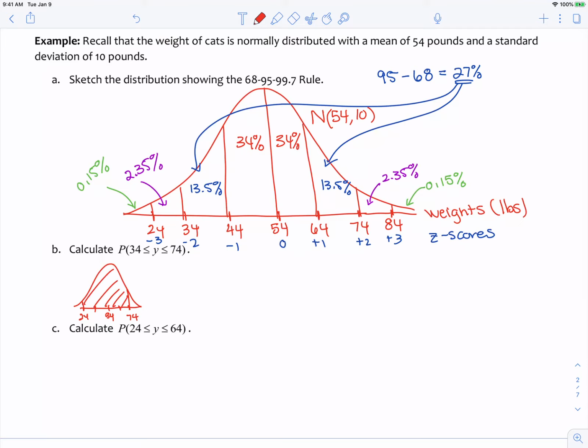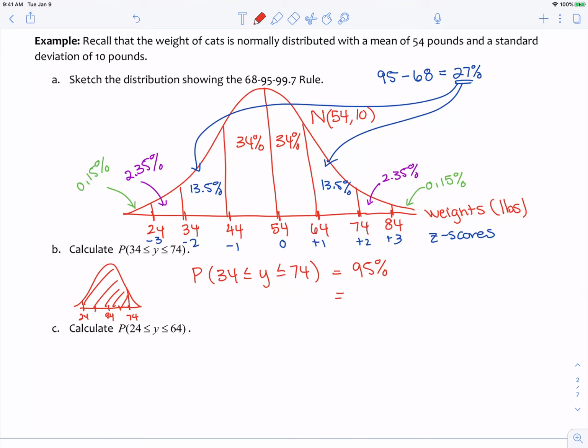And so that by definition, from -2 to +2 standard deviations from the mean, that's going to hold 95% of our data values. So the probability that our weights are going to lie between 34 pounds and 74 pounds inclusive is going to be 95%. We know that. But we can also look at our picture and add the regions up together.